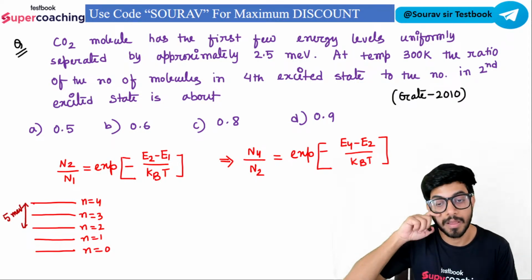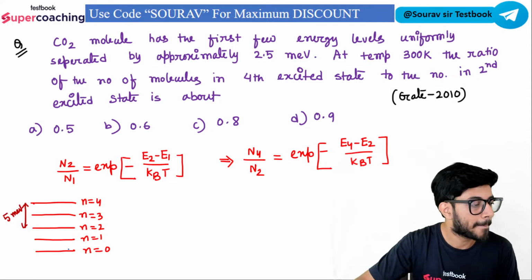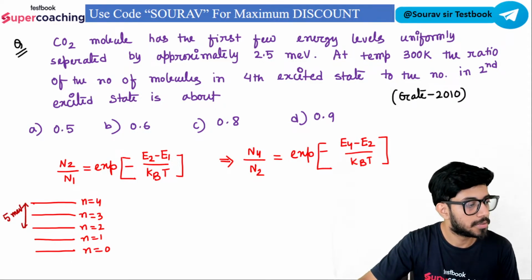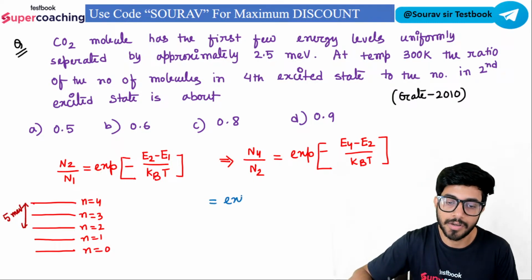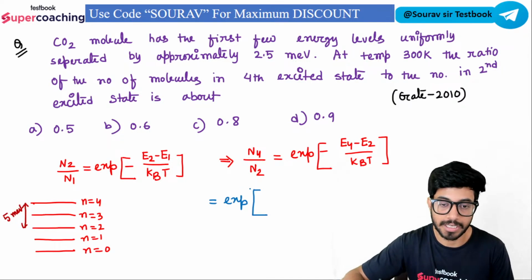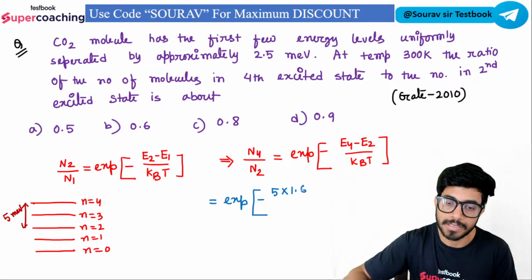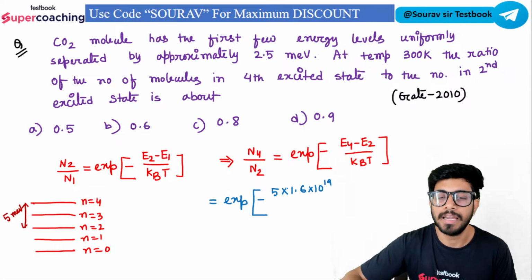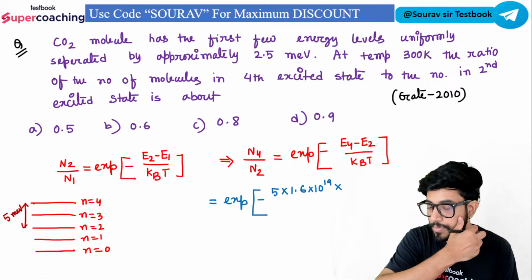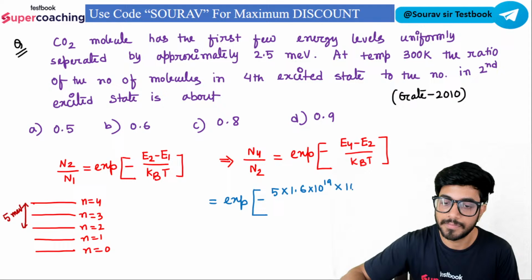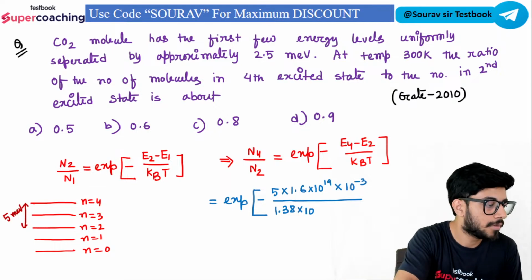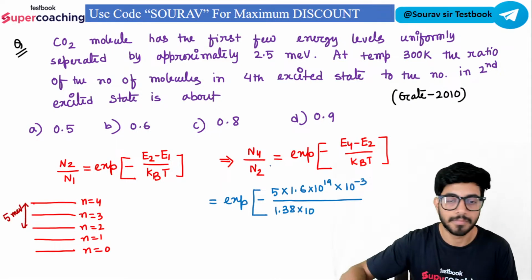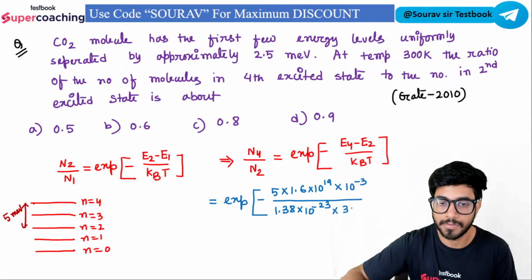So I can basically tell you that this thing will be actually equal to exponential of negative of 5 into 1.6 into 10 to the power of -19 for electron volt to joule, but for milli electron volt, multiply by 10 to the power of -3, divided by 1.38 into 10 to the power of -23 into 300.